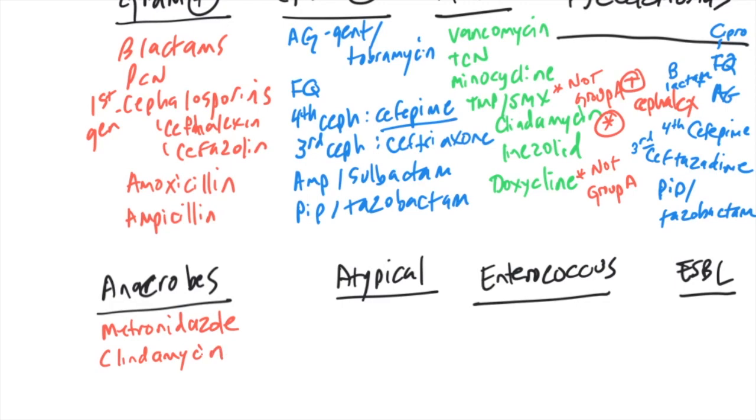Notice that clindamycin was also in your community-acquired MRSA category. It's great for MRSA and for anaerobic coverage. With metronidazole, you'll have to remember about the disulfiram reaction. If given with alcohol, the patient will get very sick.